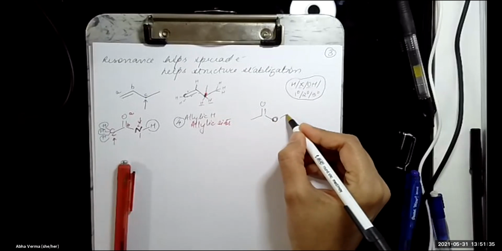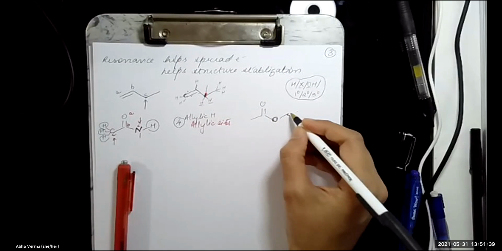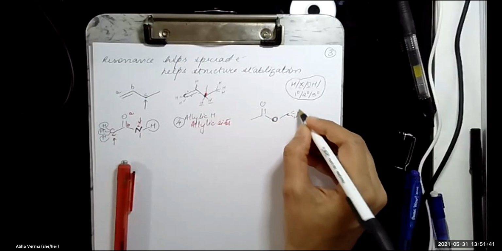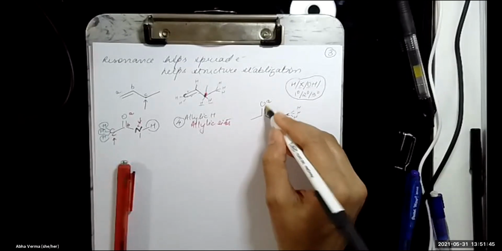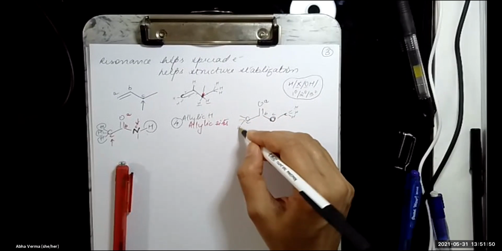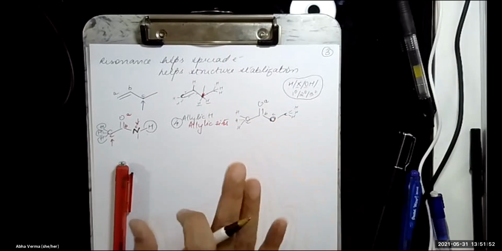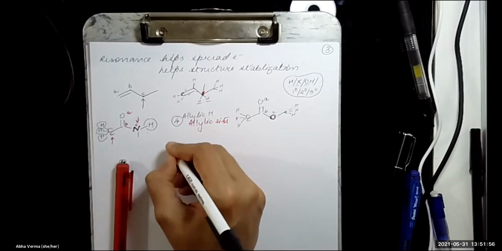This is not a hydrogen. This is a carbon right here. Remember, all dots are carbons. And so there are 3 hydrogens, but this is not on the allylic site. This carbon is on the allylic site. So make sure that all of you recognize allylic and vinylic sites.